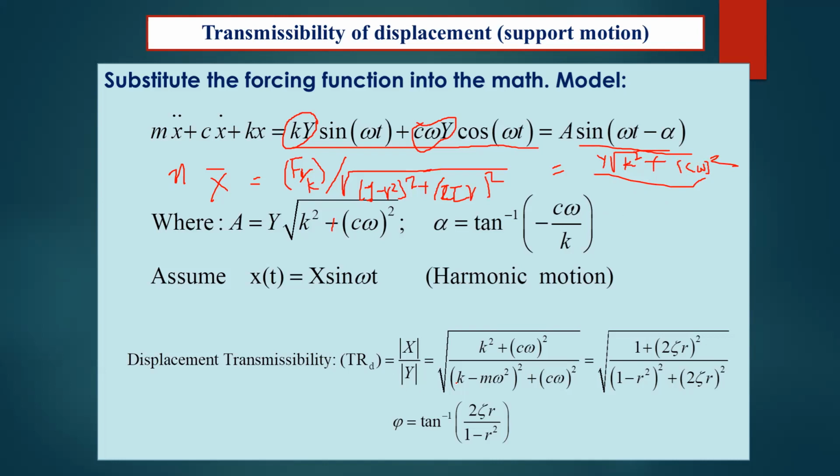But there is k down below, so we don't want to bring k here. If we bring k here, this becomes 1 and this becomes 2 zeta r. So this is k squared plus cω squared, that is F naught, times Y. Why do we bring Y here? Y was here initially, so it came here. Now X over Y is the transmissibility, or the displacement transmissibility.